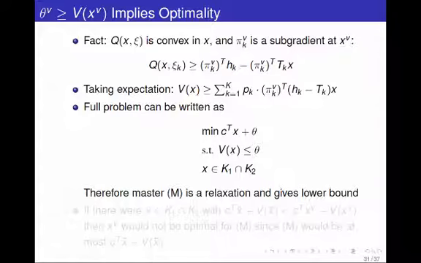And what I notice is that the master problem is almost this. It's just a bunch of other things on the right-hand side that are underestimators of v of x. So basically the master problem is a relaxation of this problem here.